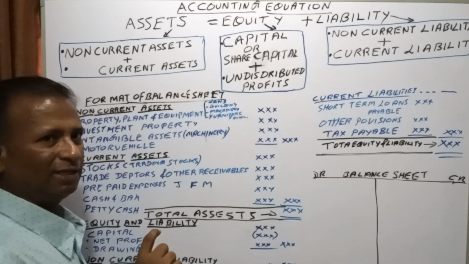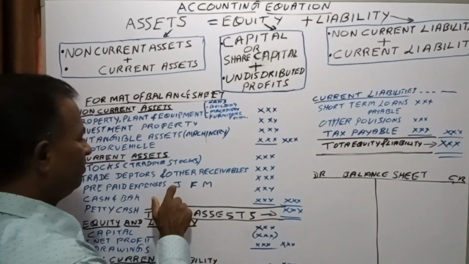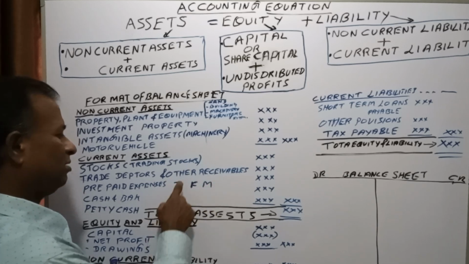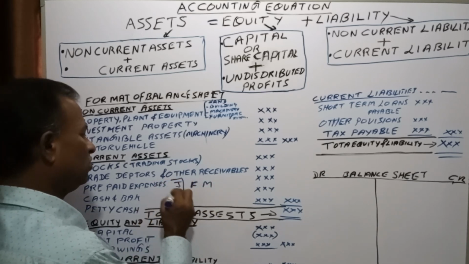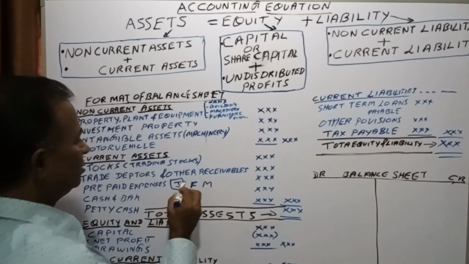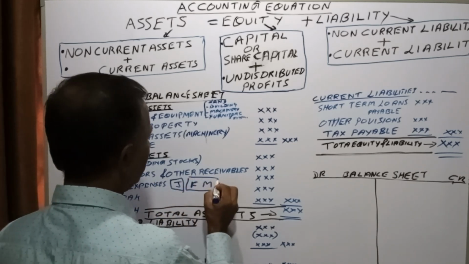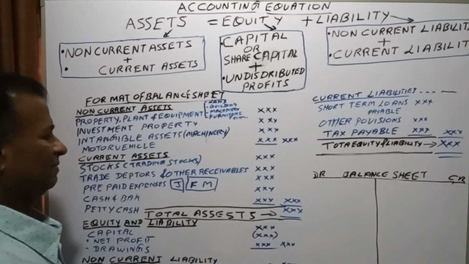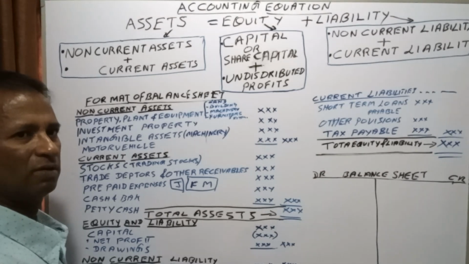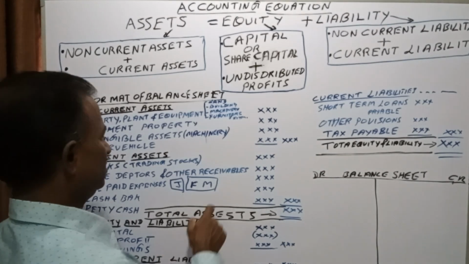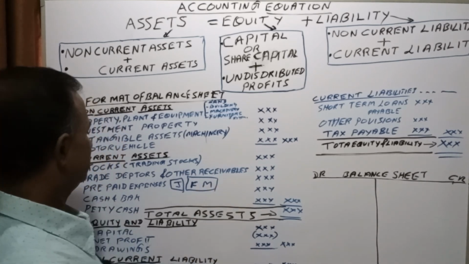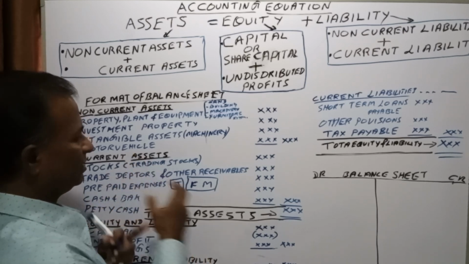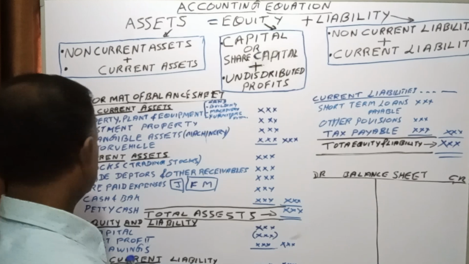But the rent is always a flat amount. We have paid rent for January, February and March, but we are preparing the accounts for January. Then the amount paid for February and March will be treated as prepaid expenses. So that will be treated as a current asset in our set of accounts.